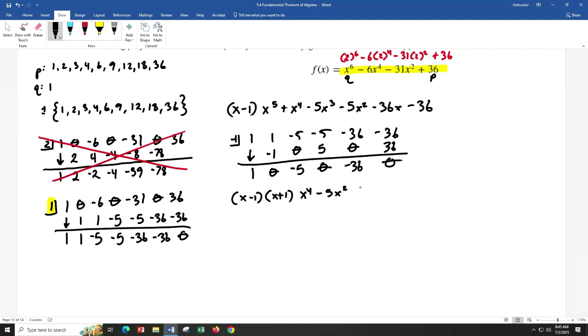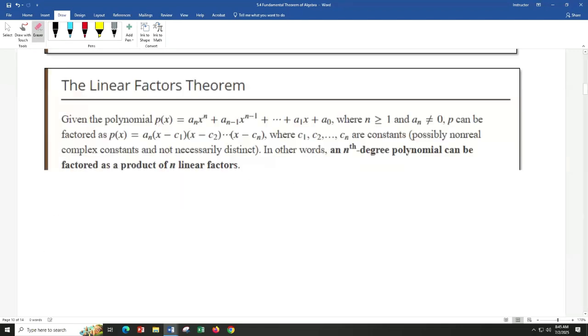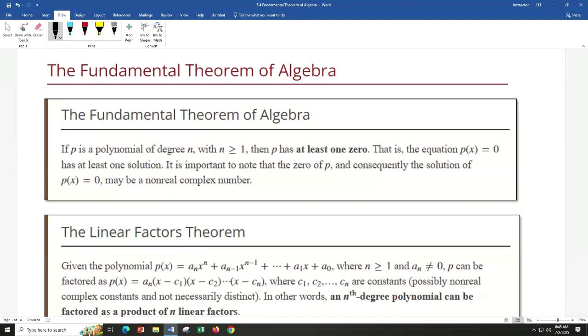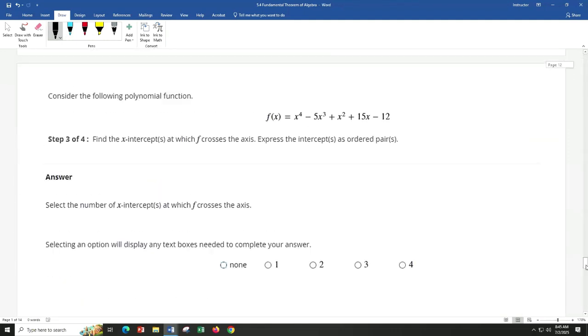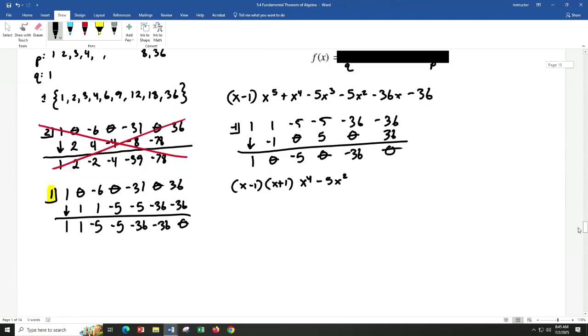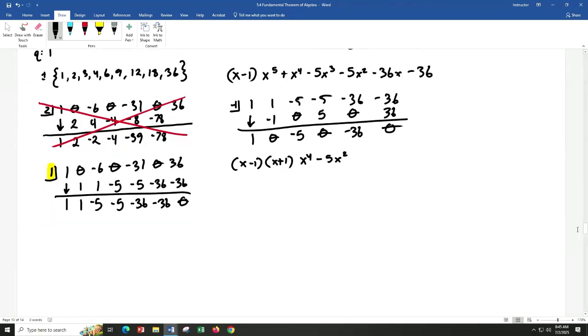I have no x, but I do have a constant of minus 36.